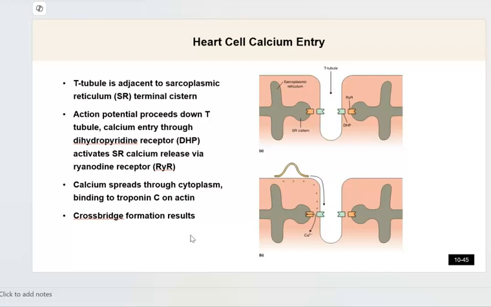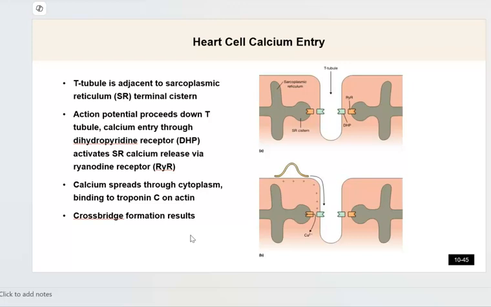This is now the part where the book goes into the T-tubule to show us that it's adjacent to the sarcoplasmic reticulum terminal cistern. The action potential proceeds down the T-tubule and then the calcium enters through the dihydropyridine receptor, which activates the SR calcium release via the ryanodine receptor.